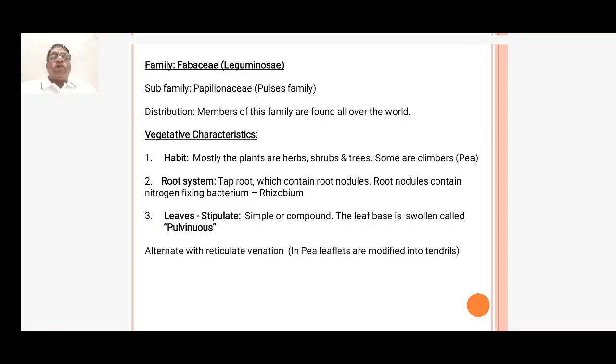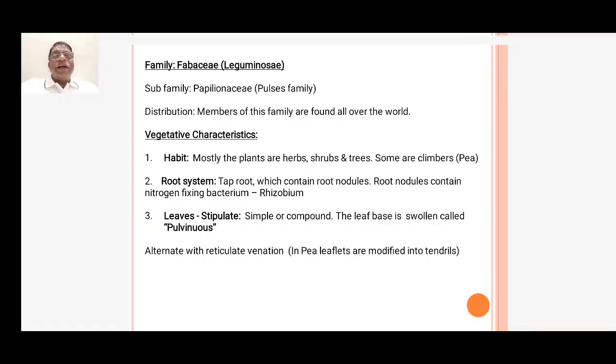Okay, now we shall study distribution. Distribution means where we come across the members of this family. If we examine the distribution of plants, the members of this family are found distributed all over the world, called cosmopolitan in distribution.